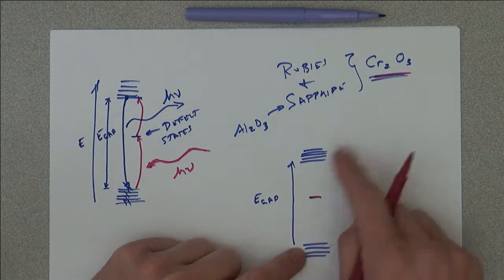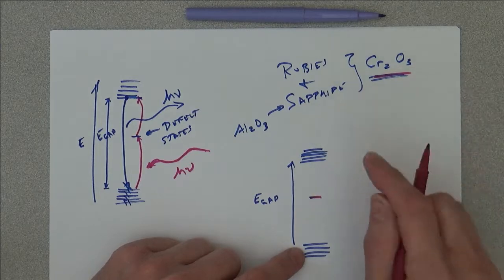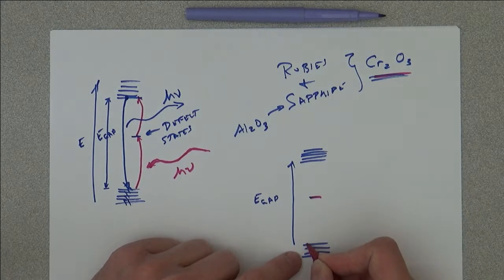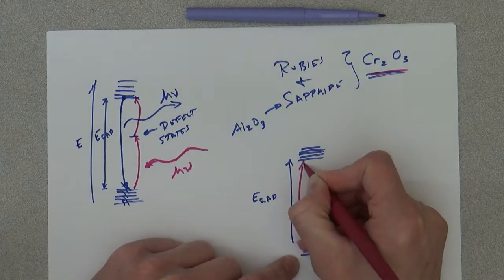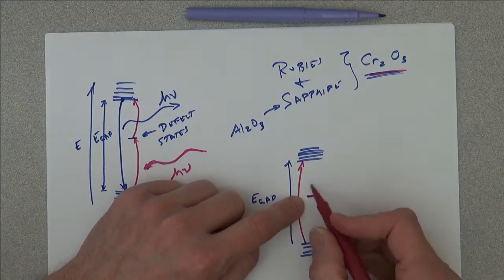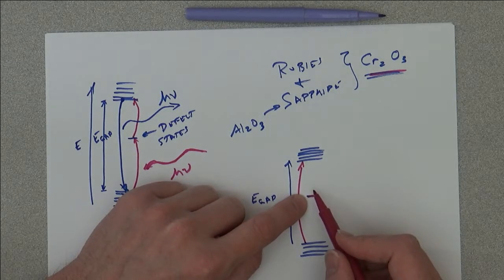In the case of the emission, and what gives sapphire its intrinsic color, is that there'll be some electron that is up in the conduction band, and actually is probably being promoted from the defect state.